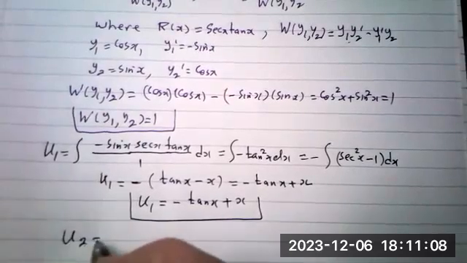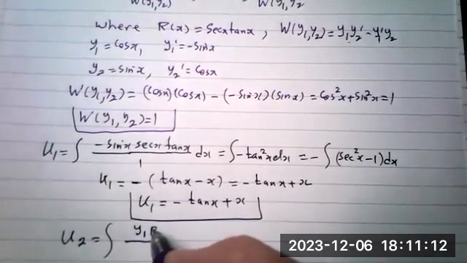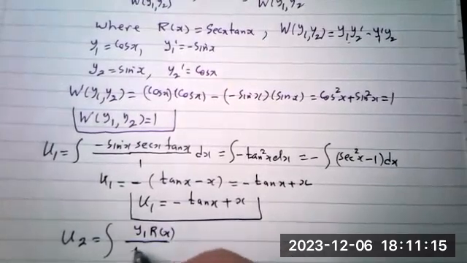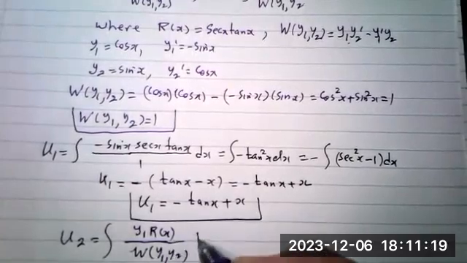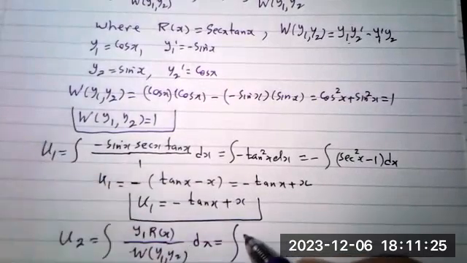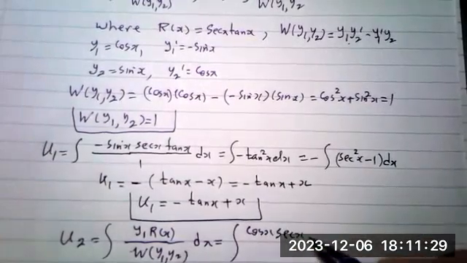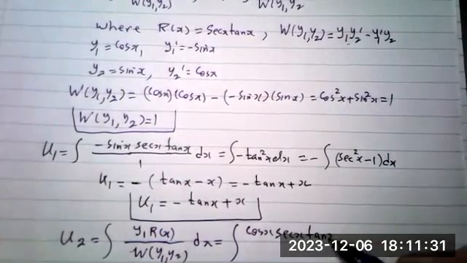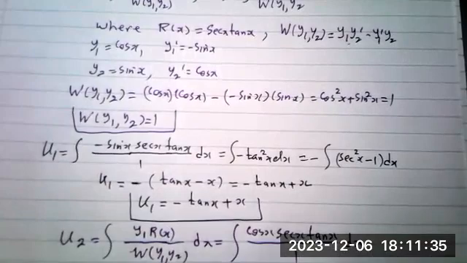So u2 is the integral of y1 times R(x) over the Wronskian, dx. The y1 is cosine, so that gives you cosine x. R(x) is secant x tangent x divided by 1 dx.